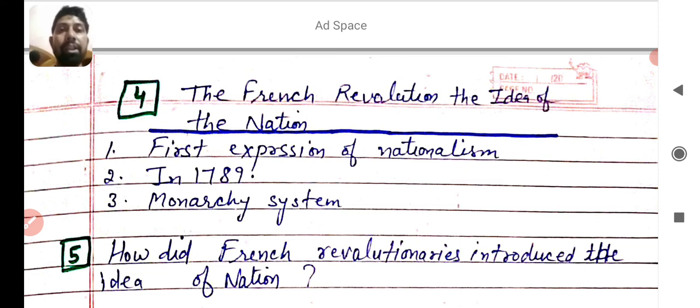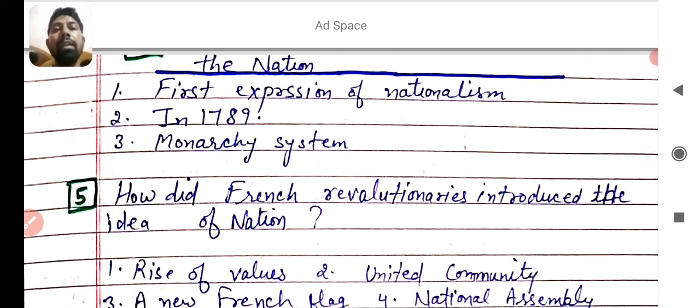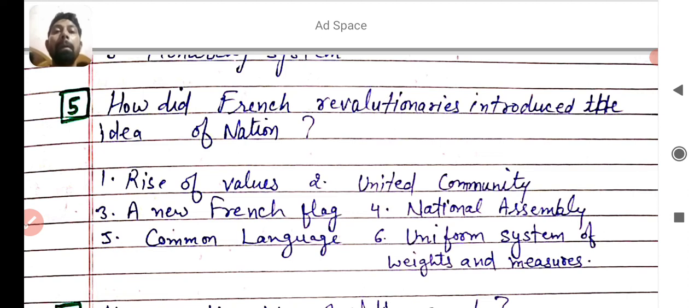Now the next point: how did French revolutionaries introduce the people to the idea of nation? They told the people and advised the people to increase the rise of values, values to unitize the country.